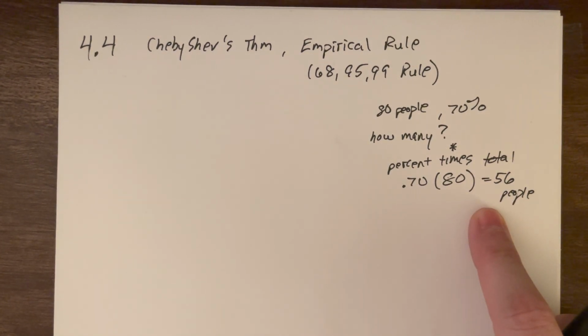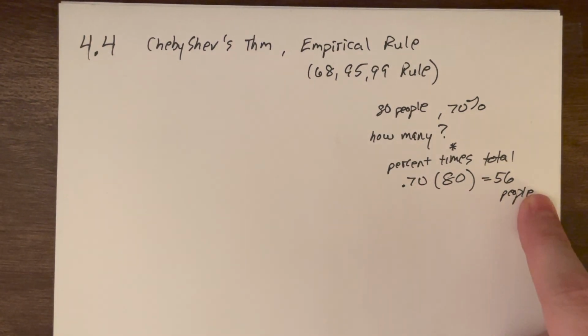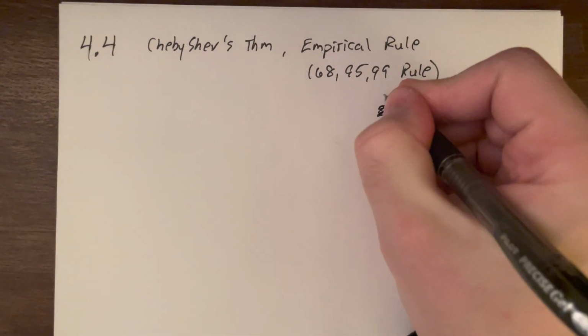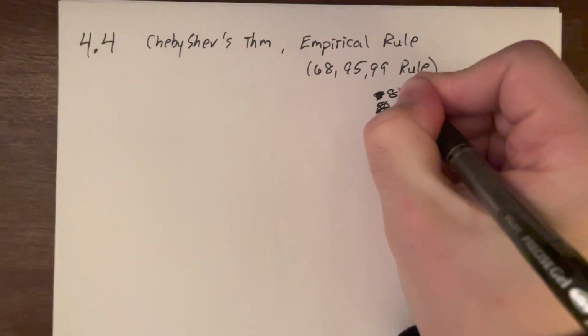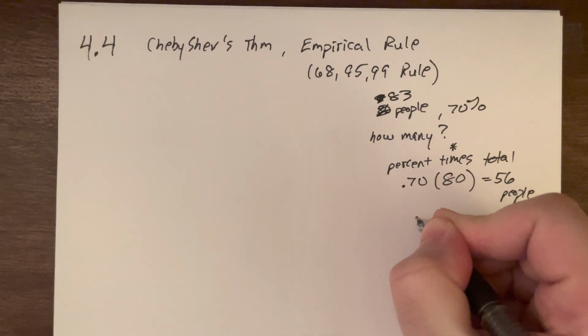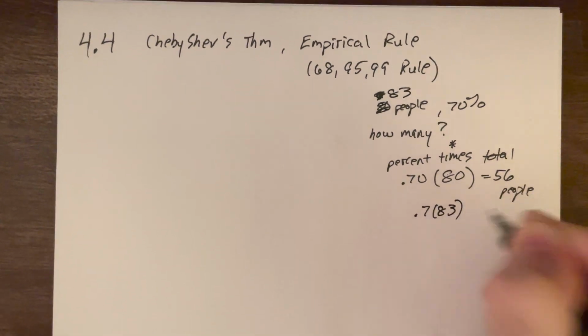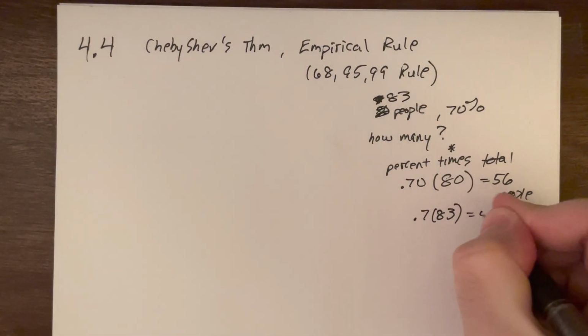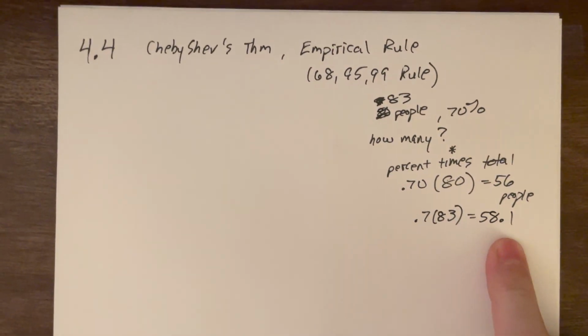The second part here is not always going to work out so cleanly. Let's just pretend instead of 80 people, we had 83 people. So now I do that same computation, 0.7 times 83, and now I get 58.1.